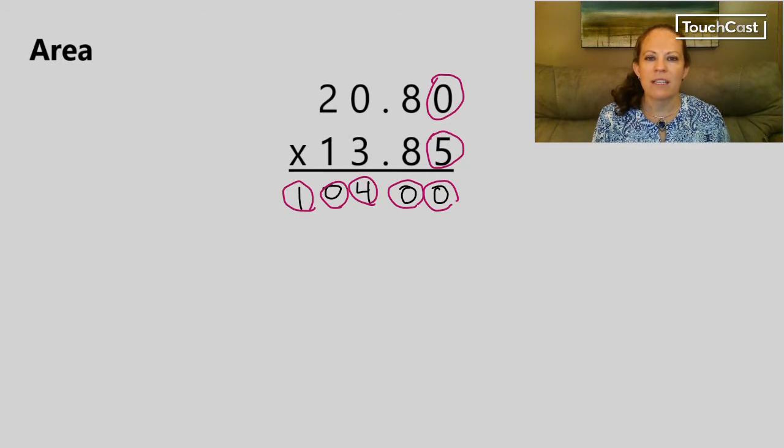And now when I move on to the 8, and I'll do my 8 in the 13.85 multiplied by everything in that top row, notice that only my first digit, my 8 times 0, which gives me 0, will be uncertain. And that's because this is the only one that combines a certain digit with an uncertain digit.